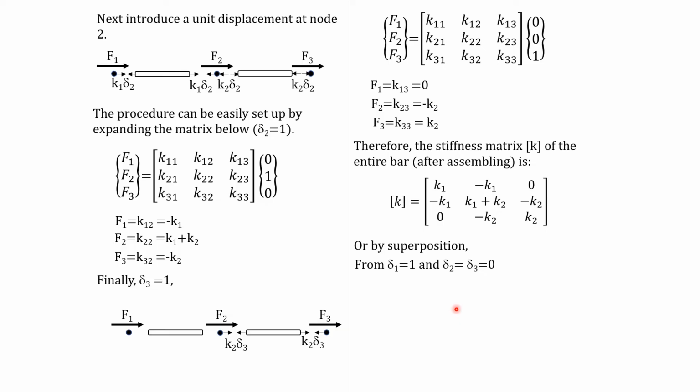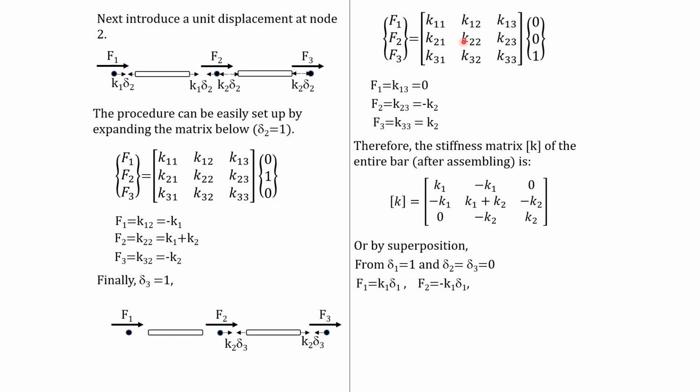Or by superposition, from delta 1 equals 1 and delta 2 equals delta 3 equals 0, if you expand this matrix here, you get F1. Replace this by 1 here, then the others are 0, so F1 equals K11, and K11 is equal to K1 delta 1, and delta 1 is 1, so F1 equals K1.